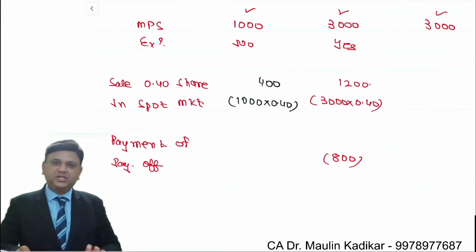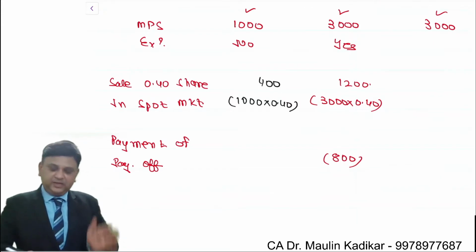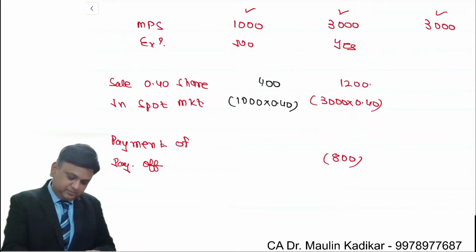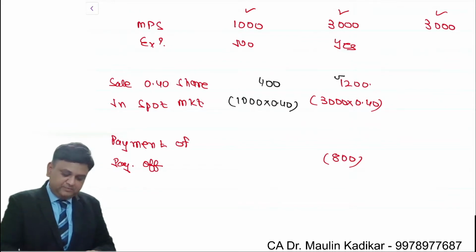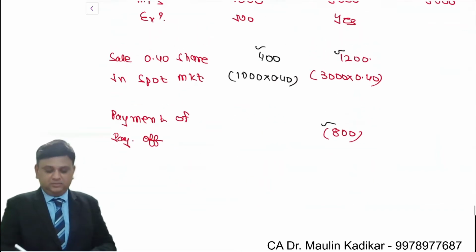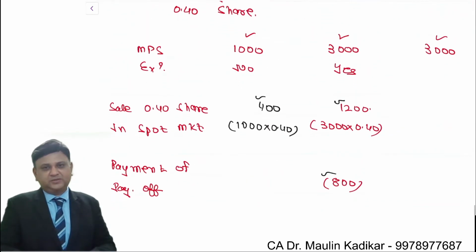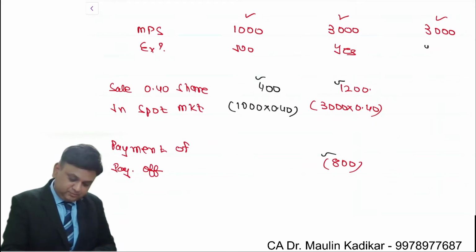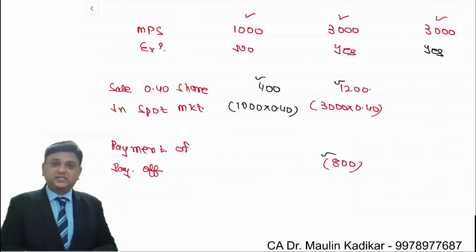Now over here logically you can understand 1200 minus 800 is what? 400. Minus 1.25y is equal to 0. And with that you can find the answer. One another method is here. The call option holder will exercise his right.